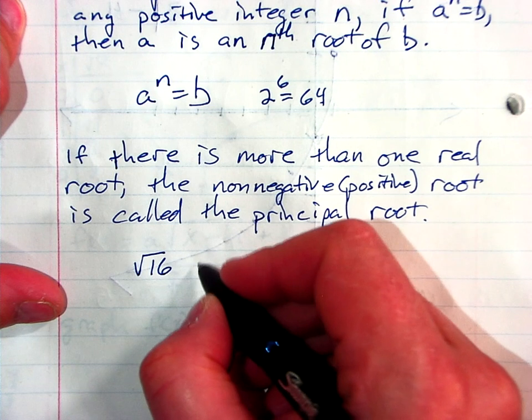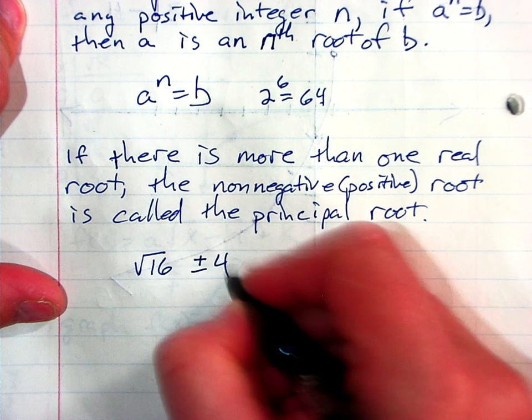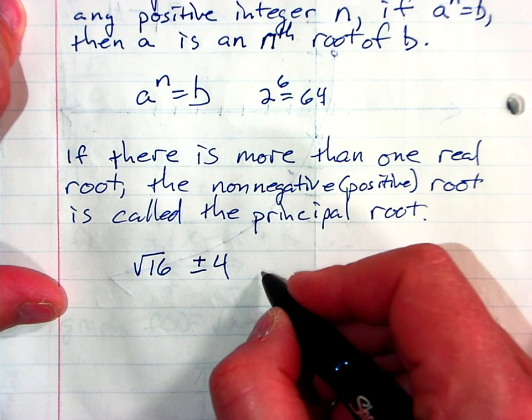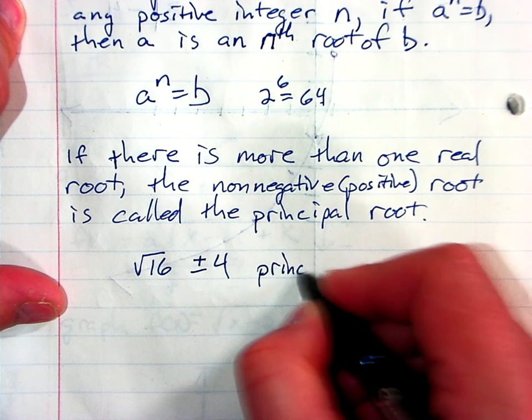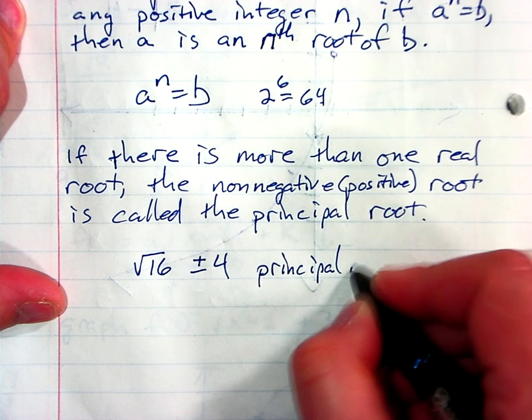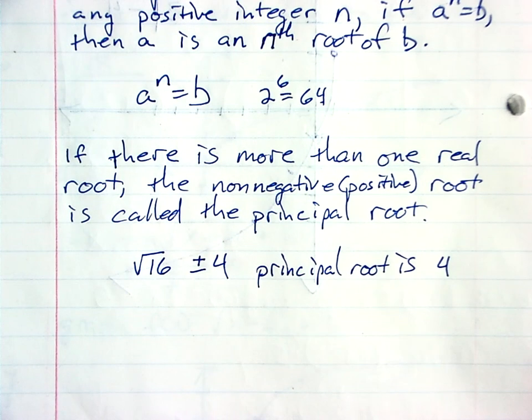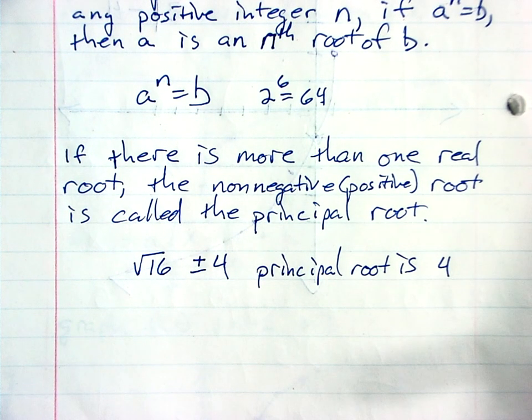You're half right. Plus or minus 4, correct? The positive for the principal root is positive 4. So even though there's two roots, the main or principal root is positive 4.